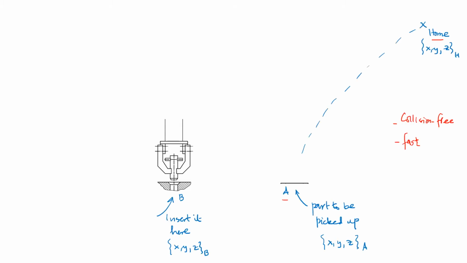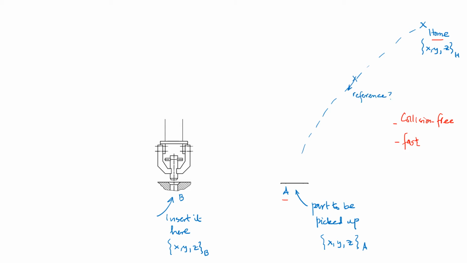You have to ask your robot to start from a home location and reach the proximity of point location A. But this path needs to be collision-free, and this activity needs to be executed fast enough. In the middle of this activity, you have to find each and every point like a reference signal.